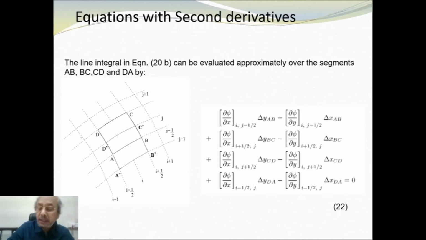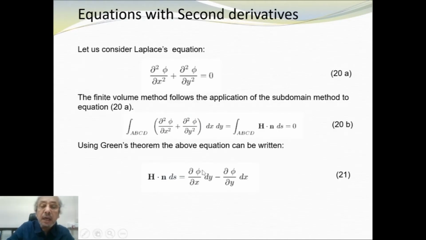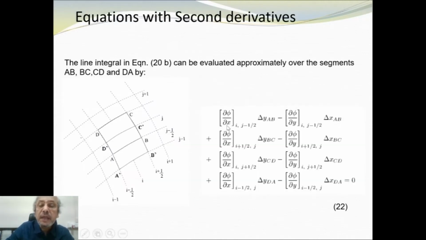The quantities are del phi del x dy minus del phi del y dx. So we are integrating over ABCD. Now the del phi del x has been defined at this point, which is between A and B, and the coordinate of this point is i, j minus half.